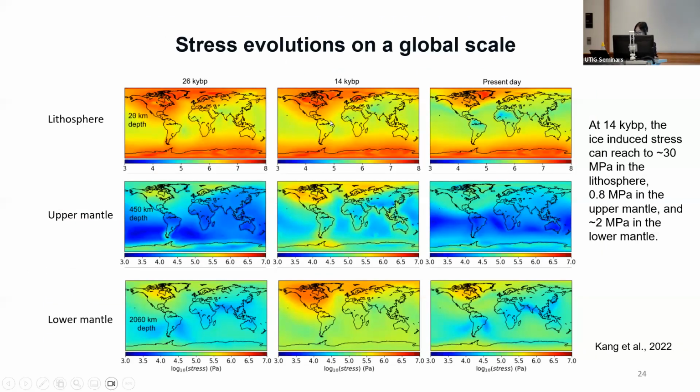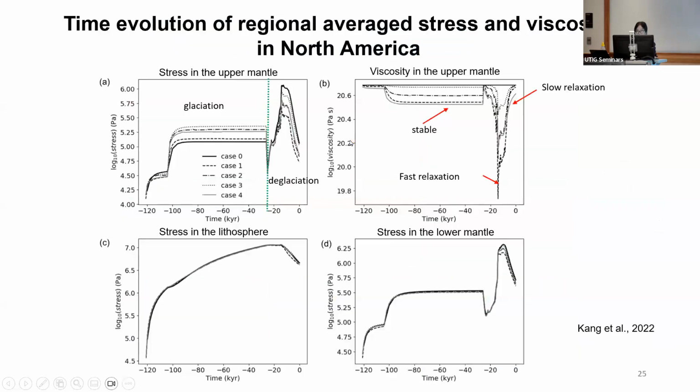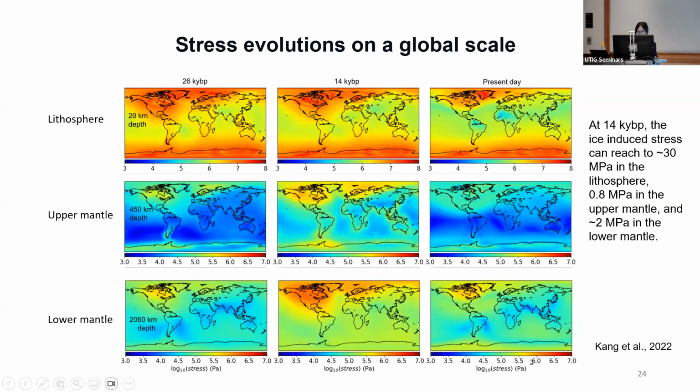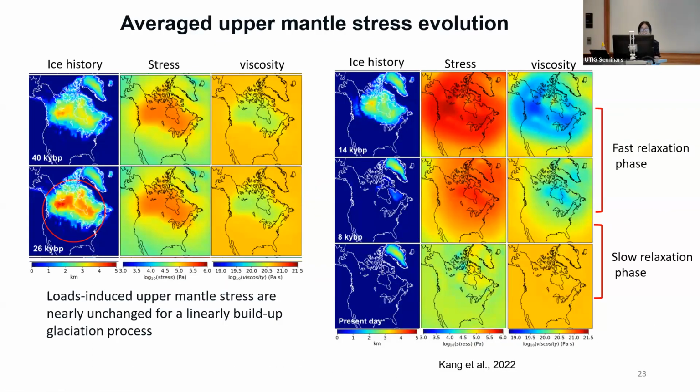Okay, so this is the average upper-mantle stress evolution. We can see during the glaciation period, because we assume the ice builds up linearly, it gives us a constant strain rate.